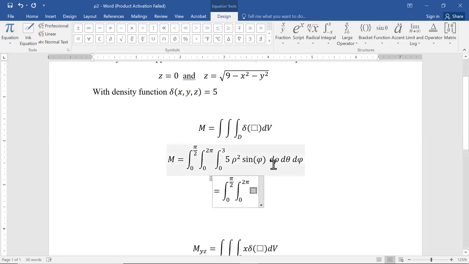And then if I integrate 5 rho squared with respect to rho from 0 to 3, I end up with 45. So I get 45. That sine of phi is just a constant with respect to rho.